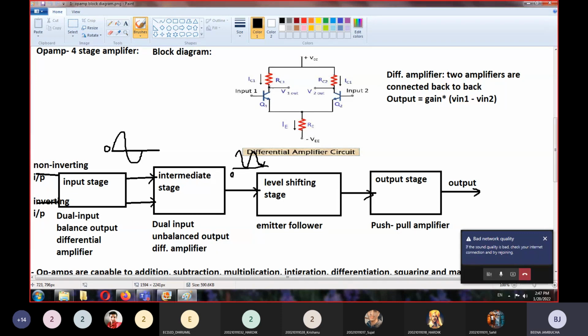Outputs are taken from the collector terminals, V1 out and V2 out, and both transistors are connected back to back, and this is the reason your output, which is the difference between these two, equals gain multiplied by V in 1 minus V in 2. Right? Your output will be V in 1 minus V in 2 multiplied by gain.